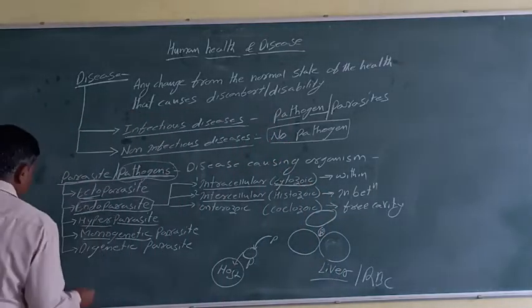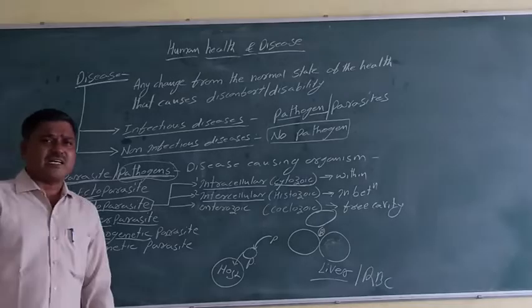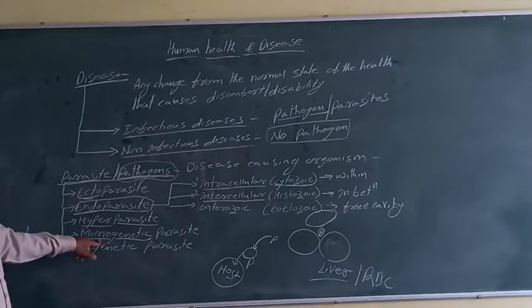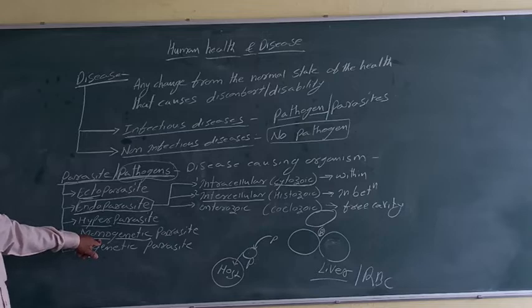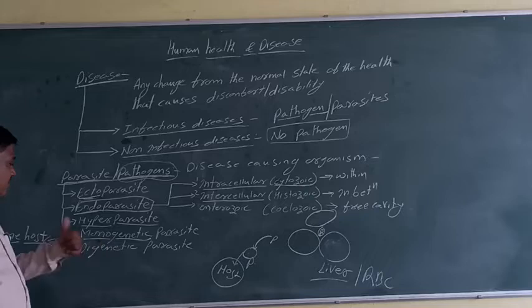The parasites which require only one host to complete their life cycle are called monogenetic parasites. If you take the example, Ascaris is monogenetic. Entamoeba histolytica is a monogenetic parasite.